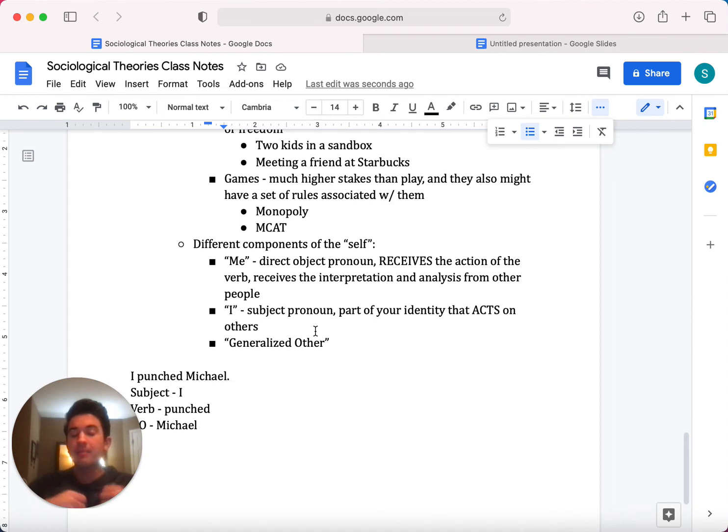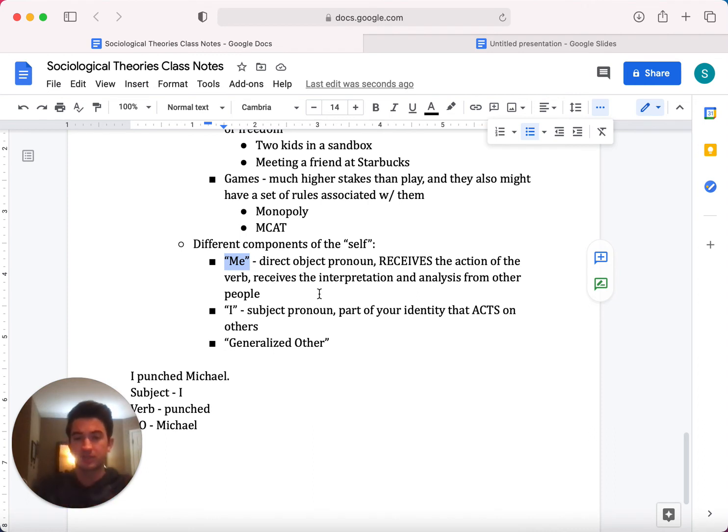Okay, so I might have my own internalized set of opinions about who I am. And my I is what I project to other people about those ideas that I have about myself. The me is the part of your identity that, when you hear people talk about you or talk to you a certain way, you internalize. You're receiving the action of other people, and that influences how you think about yourself and how you think about your identity, okay?